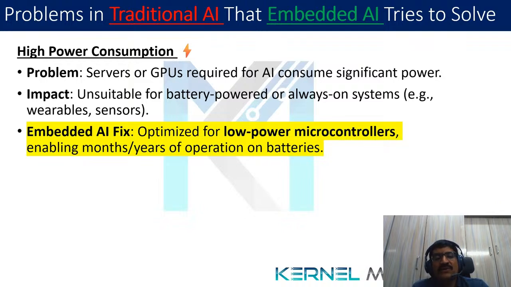For example, handheld devices, remote controllers, small devices, like a pulse measurement system, a thermometer, many are there. Battery based devices run on ultra low power. The battery can run for a number of years also. So power consumption is very low compared to traditional AI.